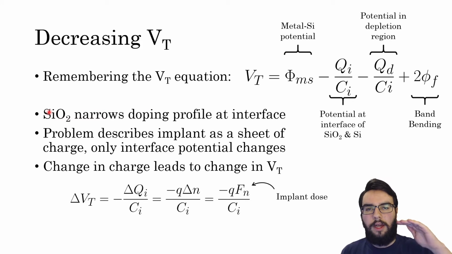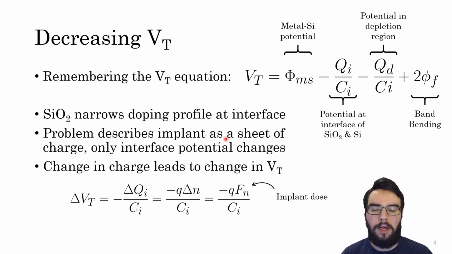and we also have to remember that the silicon dioxide actually narrows the doping profile at the interface quite a bit when the implant goes through it, and also the problem actually describes the implant as a sheet of charge. So we can actually only look at the interface potential term in the threshold voltage equation and simply say that the change in charge leads to a change in threshold voltage, and the change in charge is due to an implant dose.